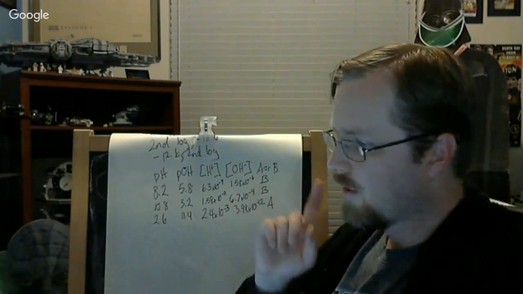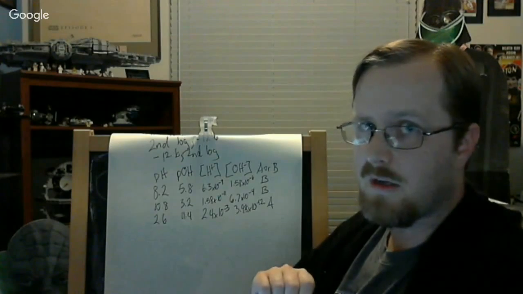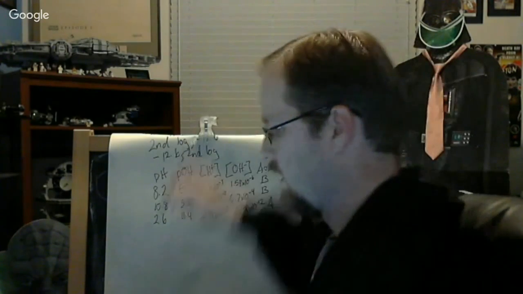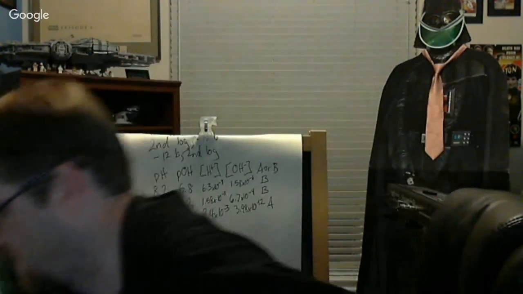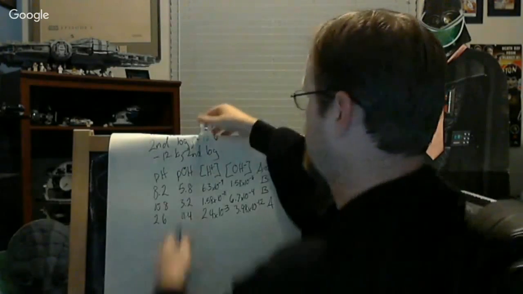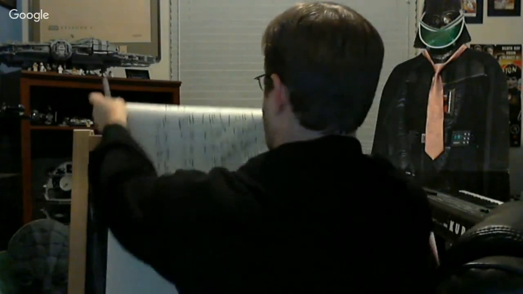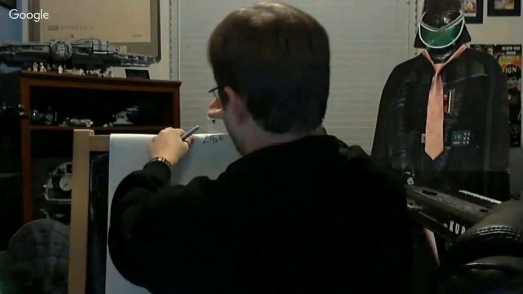All right, so there was a request earlier to do the conjugate acid, conjugate base stuff. So let's move on to that. As I was just mentioning, the Bronsted-Lowry definition says an acid is anything that gives up a hydrogen, and the base is anything that receives a hydrogen.